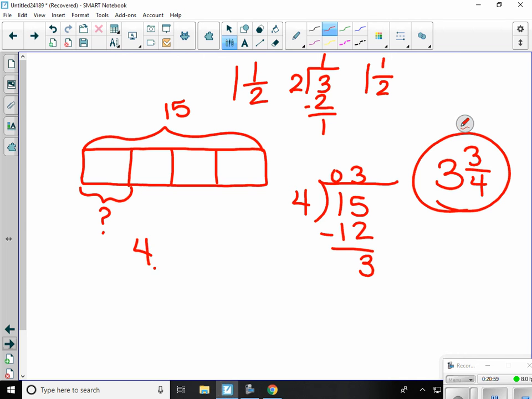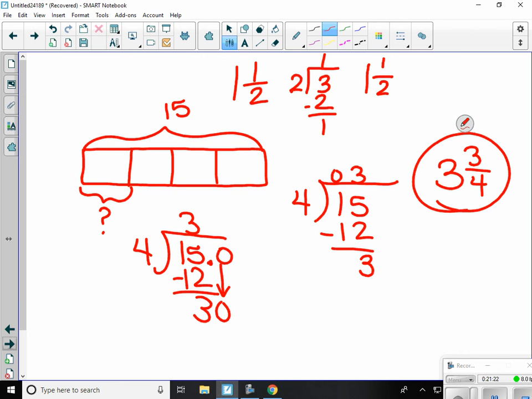So 4 into 15, there's the 3, there's the 12, there's 3. Okay. So when we're dividing with decimals, can we have remainders? No. What do you do? You add a decimal, add the 0, bring it down. Can 4 go into 30? Yes.